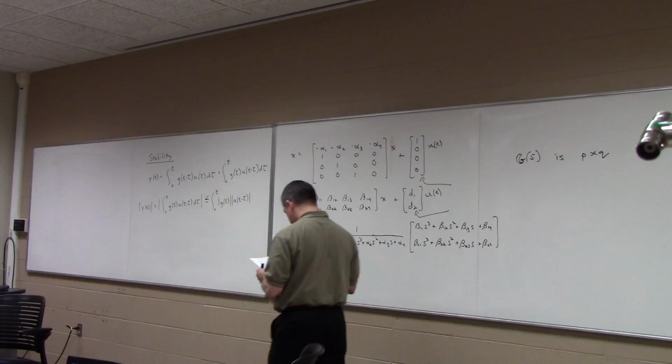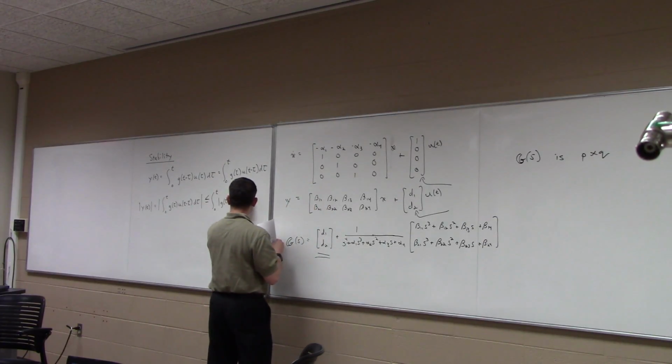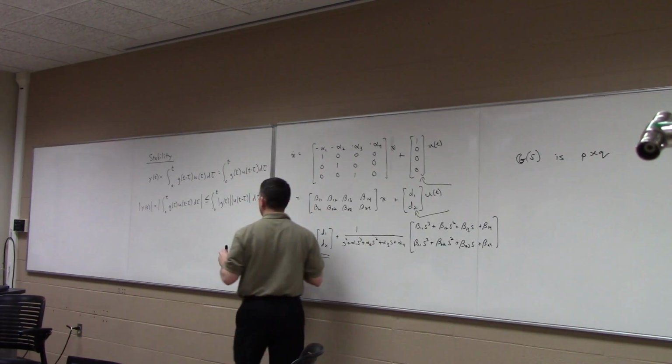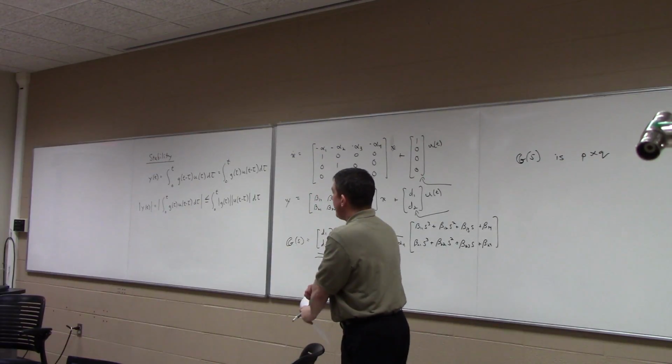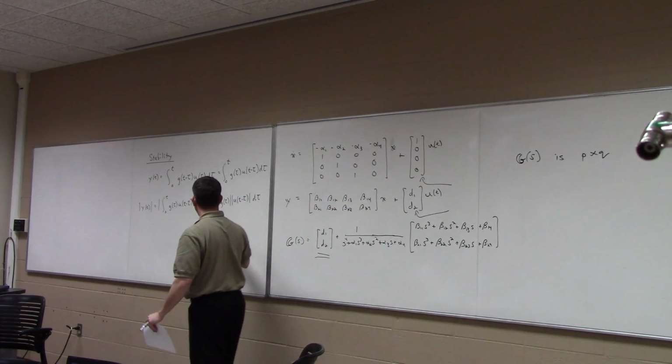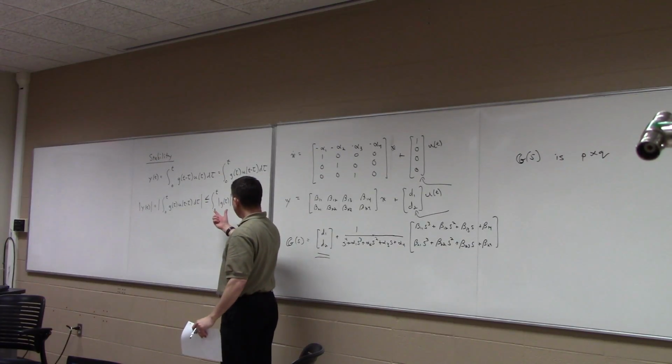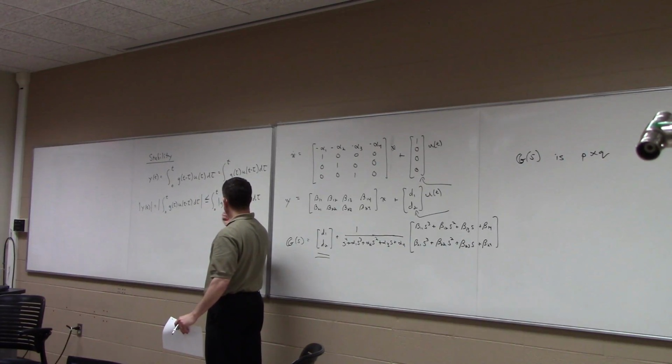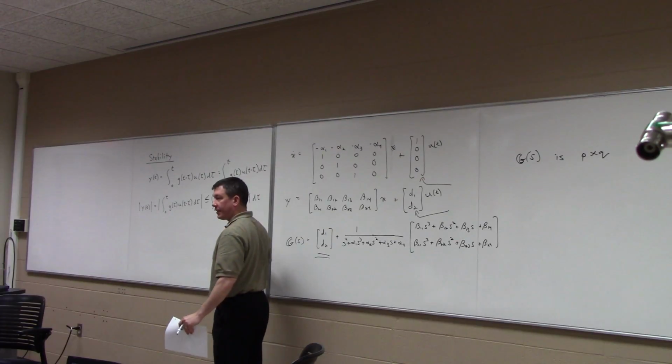Okay, so I can claim that if I take the absolute value of the convolution integral, it's going to be less than or equal to the absolute value of each of my individual functions, integrated over.